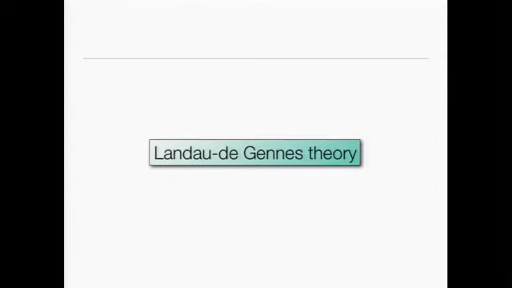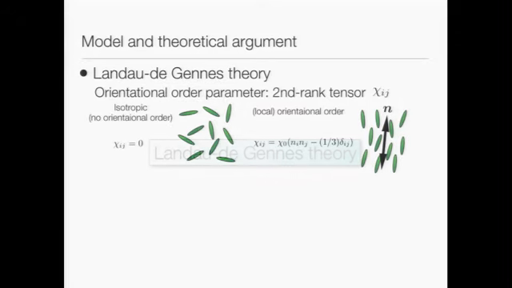And now, let me talk briefly about Landau theories, on which my numerical work is based. In Landau theories, the orientational order of liquid crystals is described by a second-rank tensor.